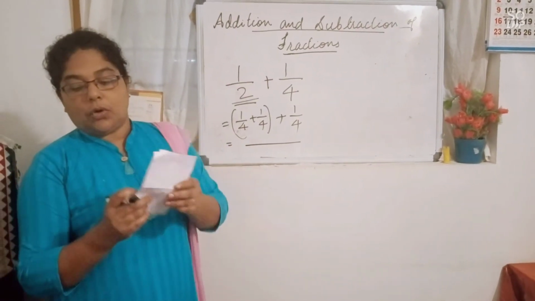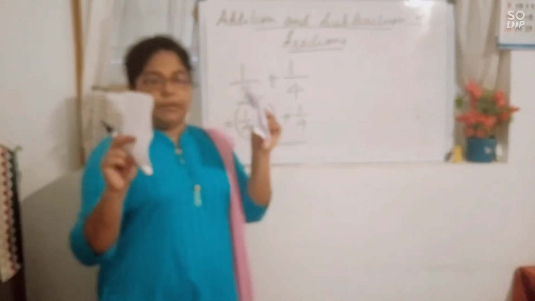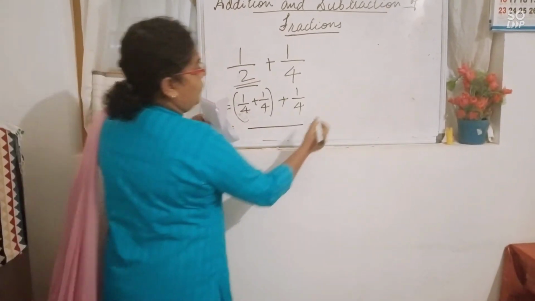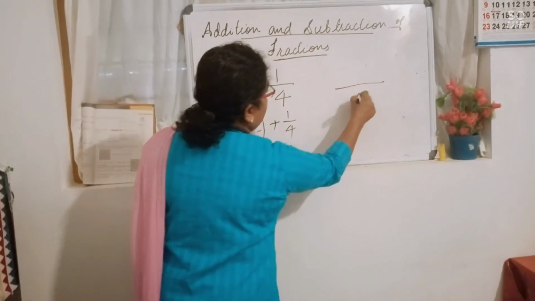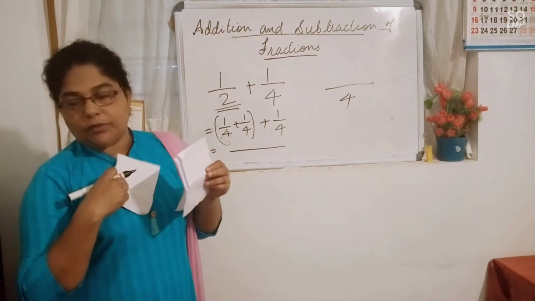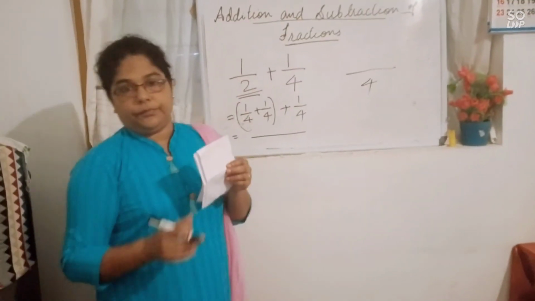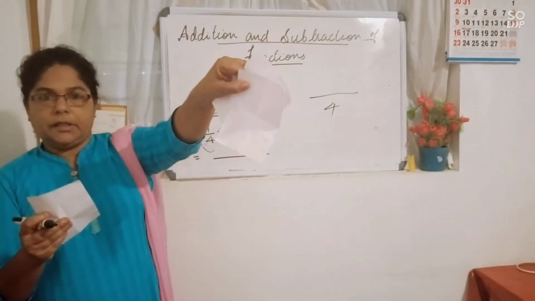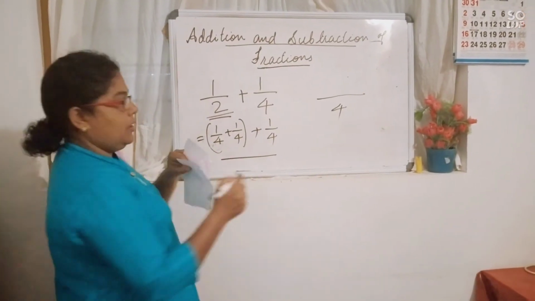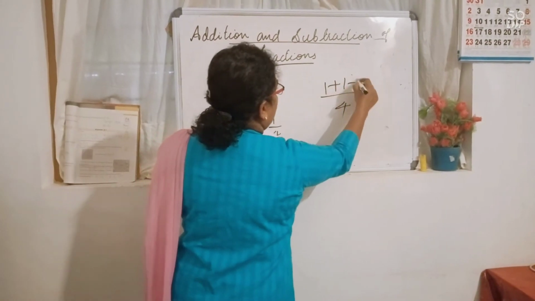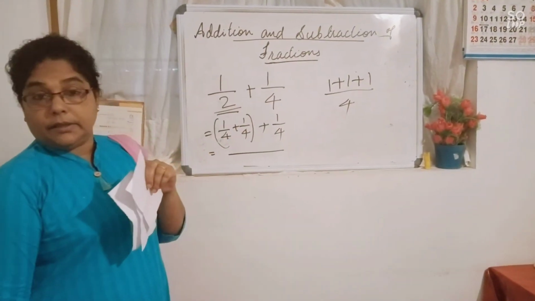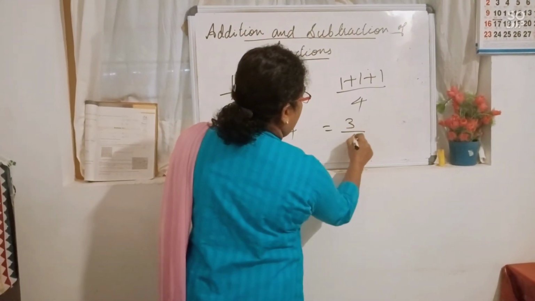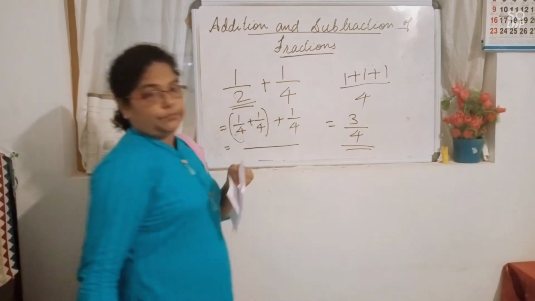Total paper we made 4 pieces. 1 piece I kept for myself. The other 3 pieces I gave to Salim, Ramu and Rahul. So the total distributed among these 3 guys is 3 pieces. So 3 by 4 is the answer.